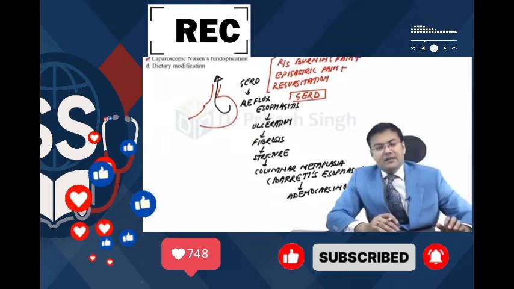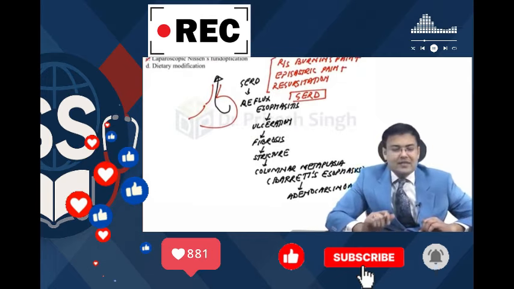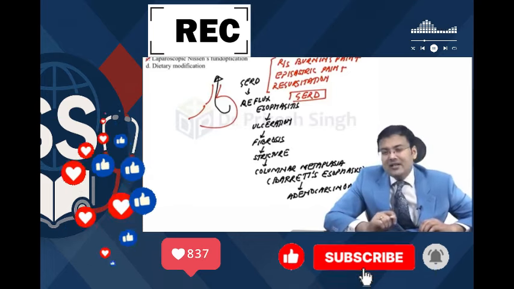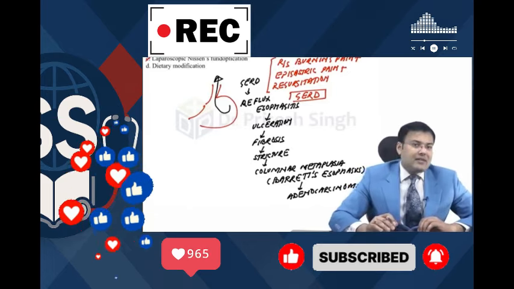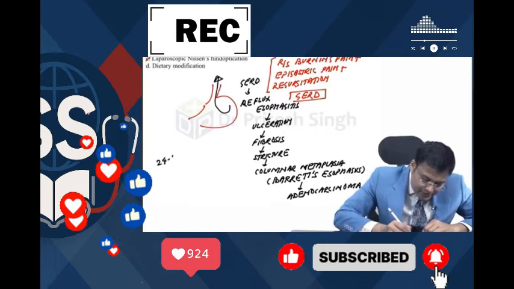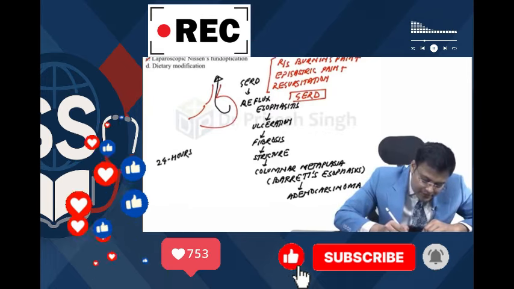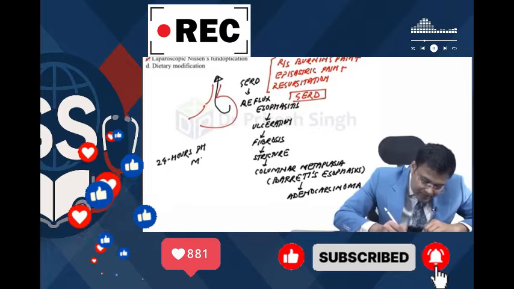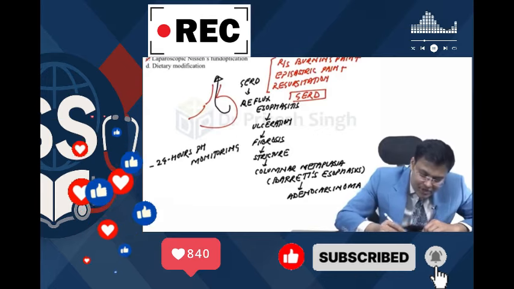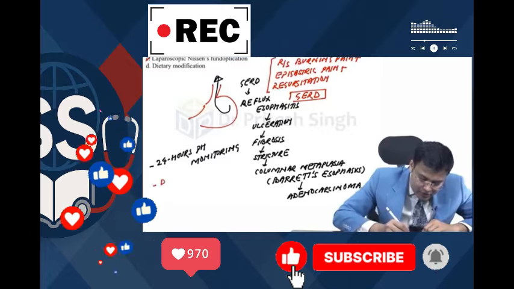Now, what are the clinical features? The classical triad of symptoms: retrosternal burning pain, epigastric pain, regurgitation. After that, what is the investigation of choice for diagnosis? It's 24-hour pH monitoring. On this 24-hour pH monitoring, we calculate one score.